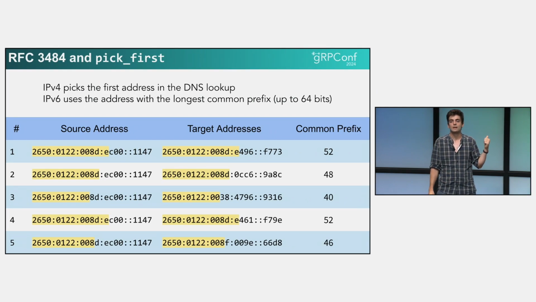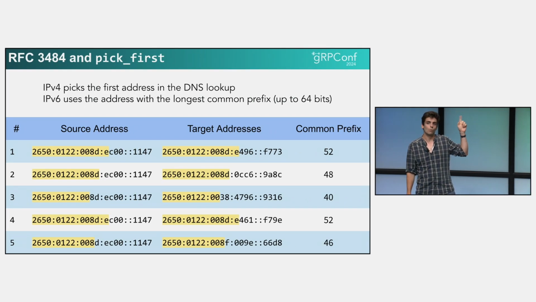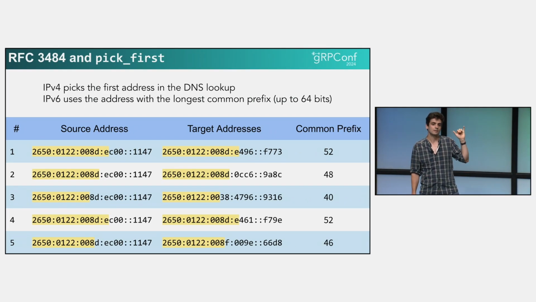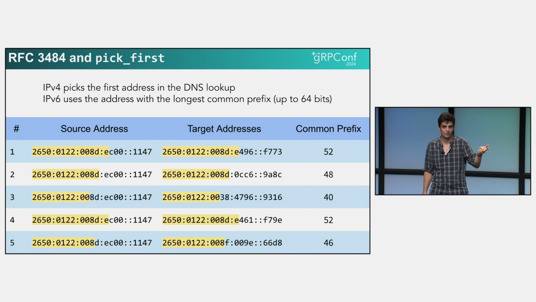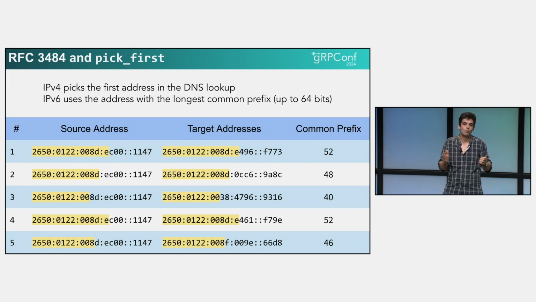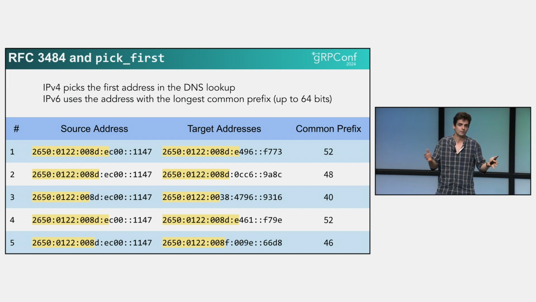You can see up on the board here, addresses 1 and 4 share the same prefix length, and they have the highest prefix length. So the client is going to try one of those two first before going down in the order of prefix length. Technically, this is good. That's what you want, right? Because IPv6 addresses roughly match their geographical location.